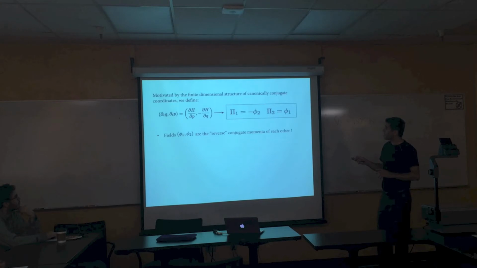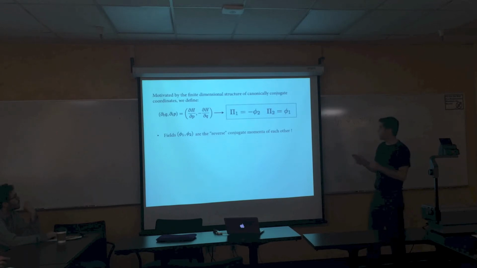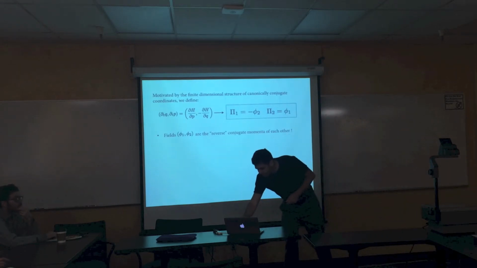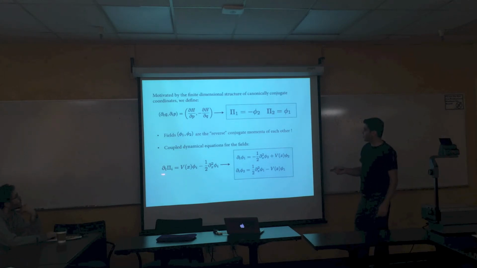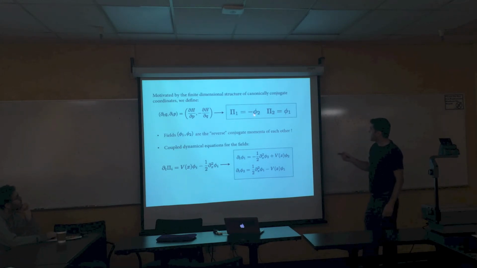So pi 1 is the conjugate momentum to field phi 2, and pi 2 is the reverse conjugate momentum to phi 1. And we have this equation on the previous slide, so we simply plug in phi 2 and phi 1 in their appropriate place. So for example, pi 1 here becomes negative phi 2.